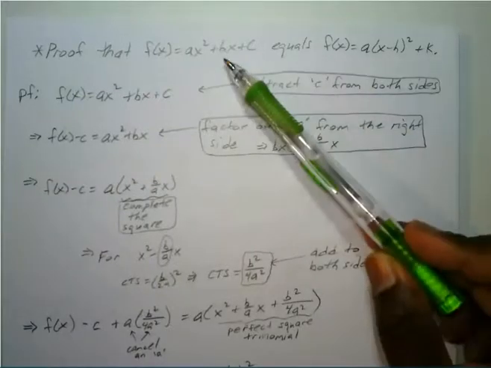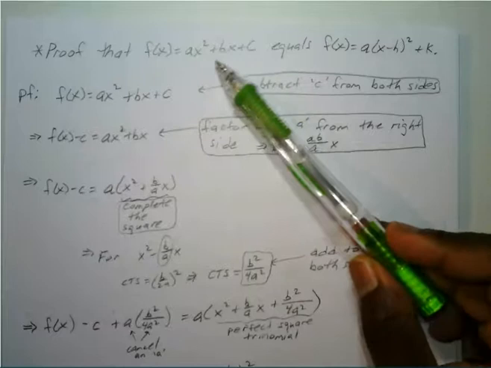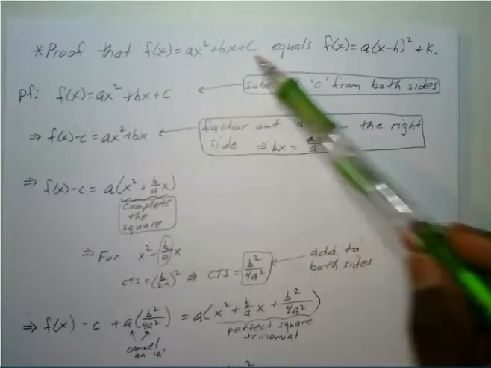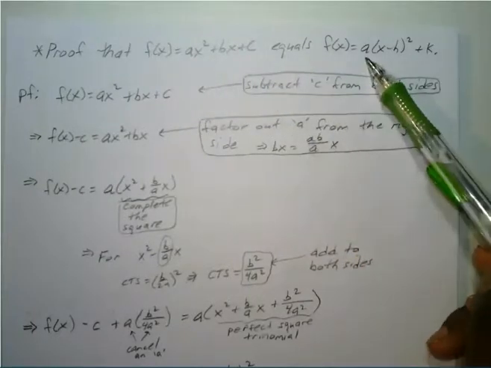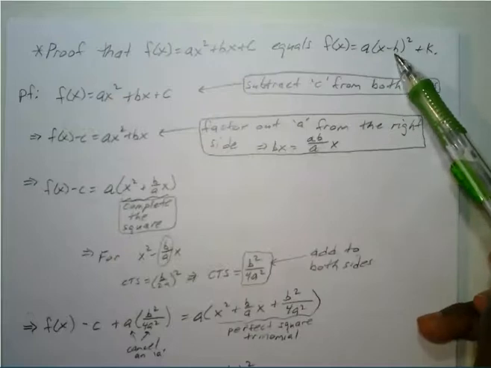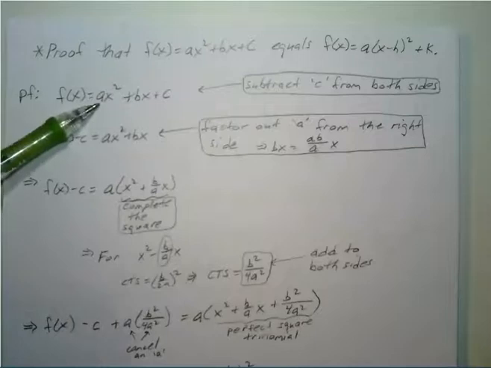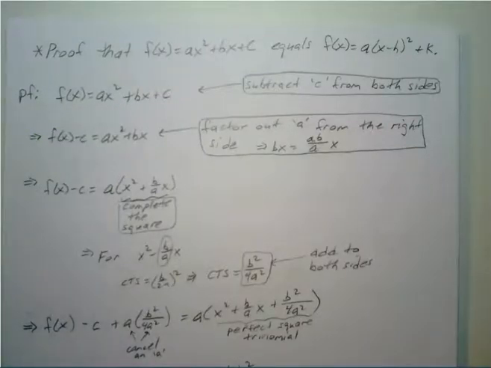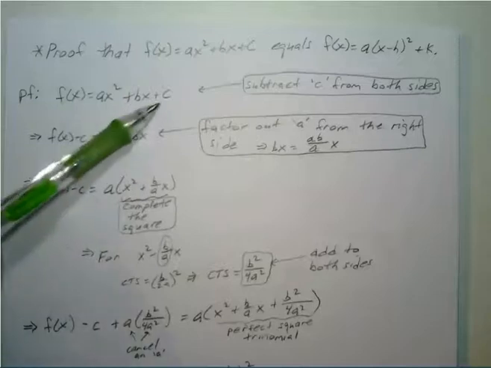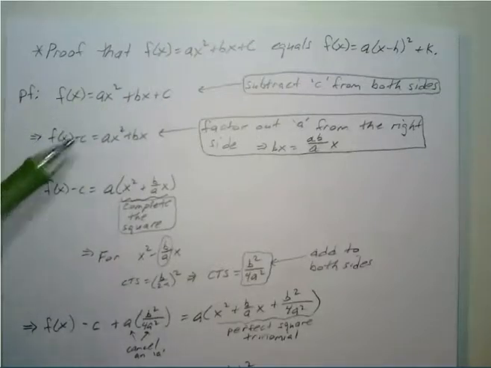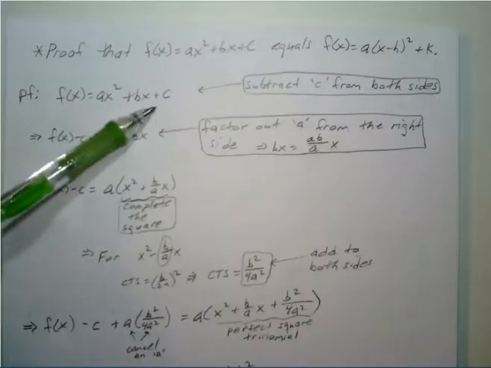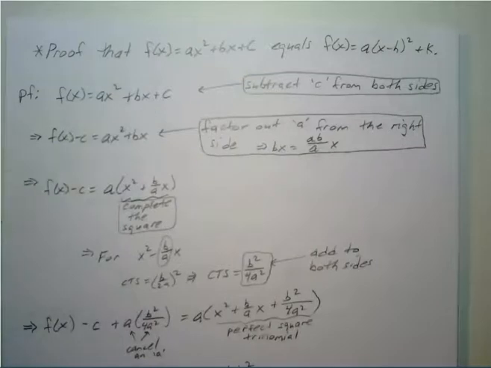Okay, so let's say we have f of x equals ax squared plus bx plus c, and we want to show that that's equal to a times x minus h squared plus k. So what if we start off with f of x equals ax squared plus bx plus c, and we subtract c from both sides. We end up with c here because c minus c is 0, so that vanishes.